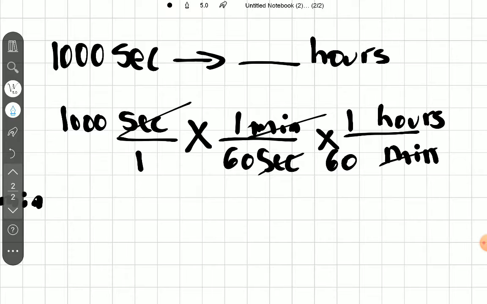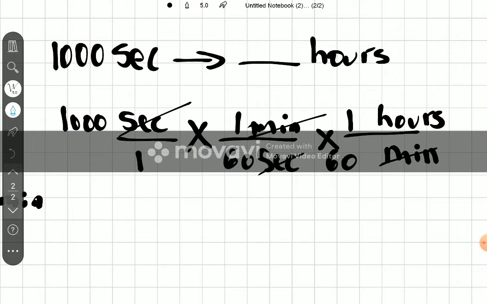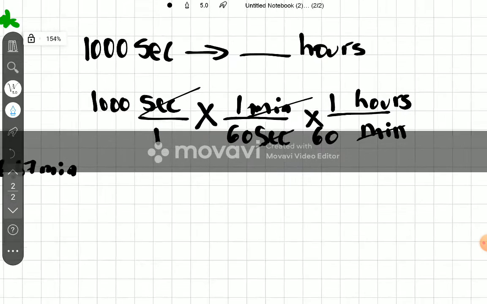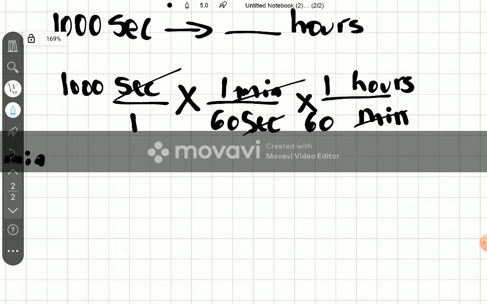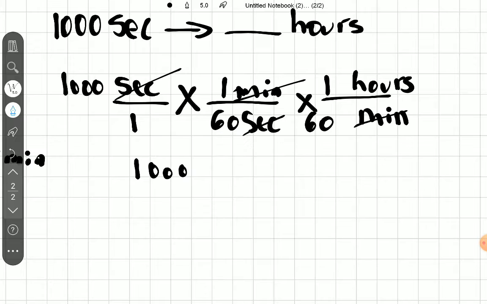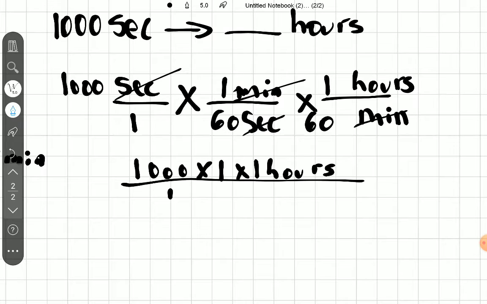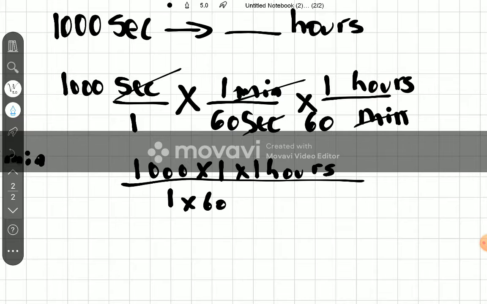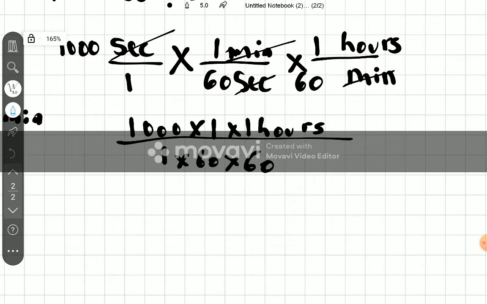We canceled out seconds, we canceled out minutes, and we're left with 1 hour as a unit. So if we now multiply everything, 1,000 times 1 times 1 hour, and then we divide by 1 times 60, and because the units cancel out, we do not need to write it. We can just now simplify.